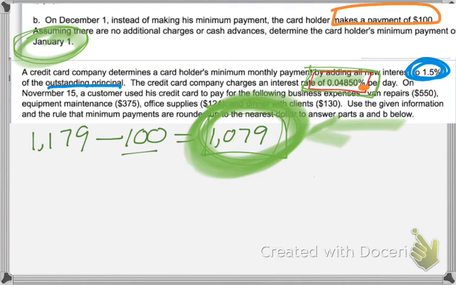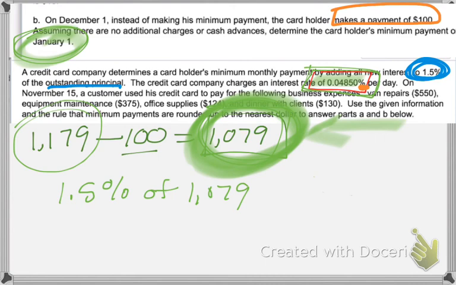Remember from earlier, he initially borrowed $1,179, paid off $100, so now he owes that $1,079. So the credit card company is going to ask him to pay 1.5% of $1,079, which of course we move that decimal over 2 places.